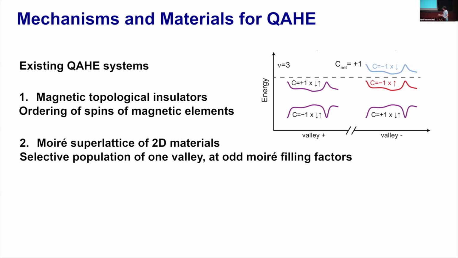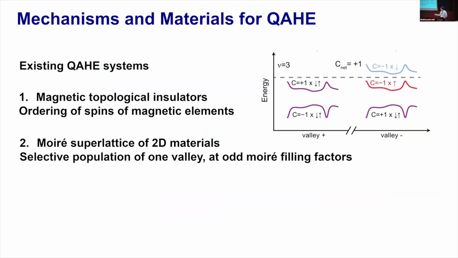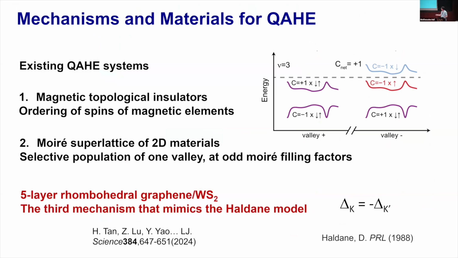Well, if you remember, in our case, the state of C equals 5 happens at charge neutrality, which means it is different from the moiré superlattice. It happens when the two valleys K and K prime are equally populated, but they have opposite band gap, which is exactly what you get from the Haldane model, where the band gap of one valley is inverted, so the two valleys no longer cancel, instead they add up.